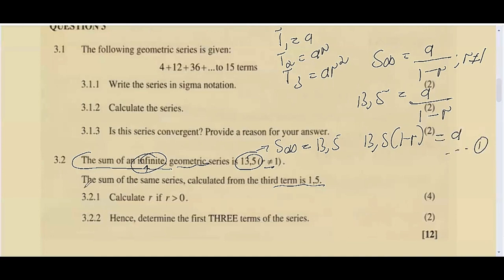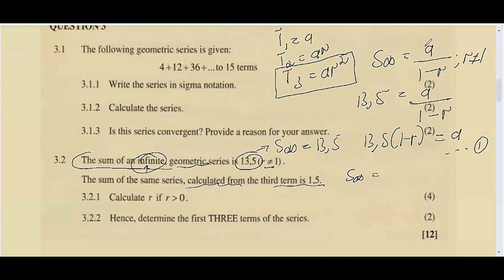But then now what did they say here? The sum of the same series is now calculated from the third term. So if we are to do this equation once again, we'll say sum to infinity is a over 1 minus r, but our a this time will be represented by ar squared. Why? Because they said this series here is starting from term number 3.